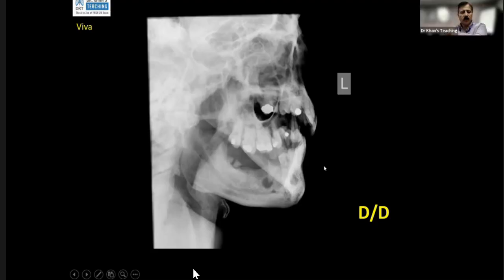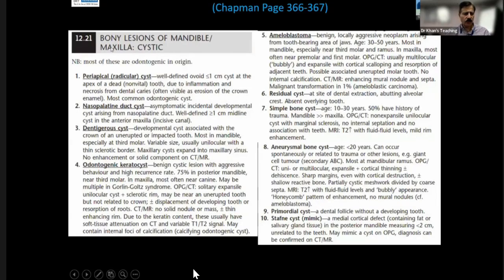Okay, good, well done. So the only thing is that it's an oblique view. Now, if you see here, radicular cyst is one of the most common. This is from your Chapman, bony lesions or mandible maxilla cystic. Most of them are dental origin.